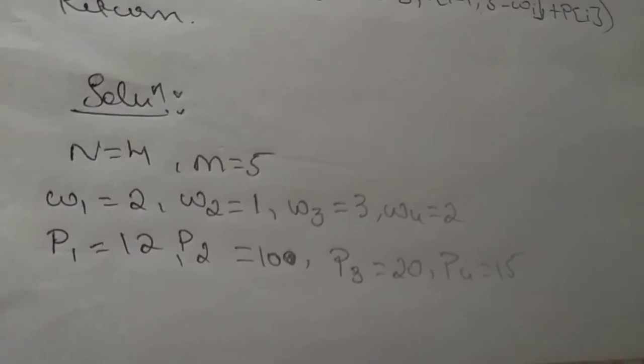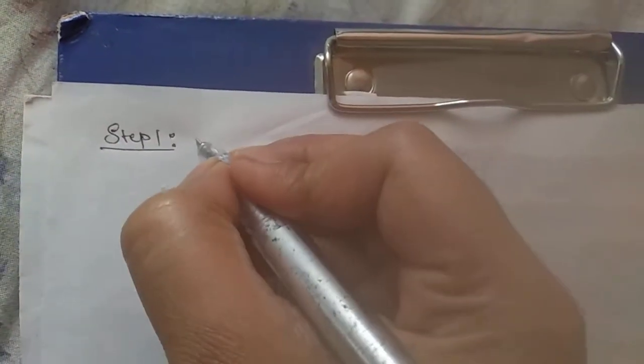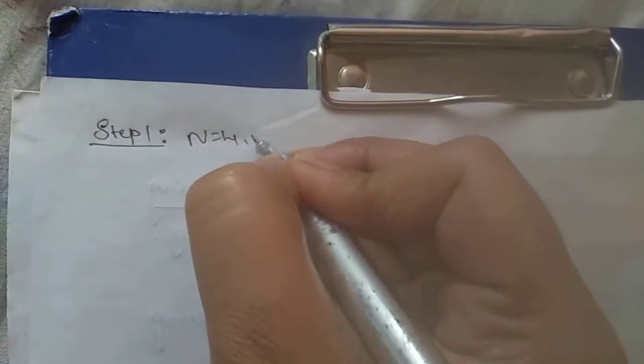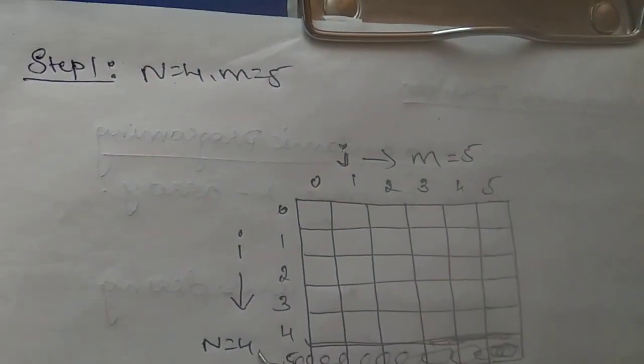Okay, let me go with step 1. I'll take n equals 4, m equals 5. So we should have a solution matrix with m equals 5 and n equals 4. But always remember, if n equals 4 you should not start with 1 to 4.